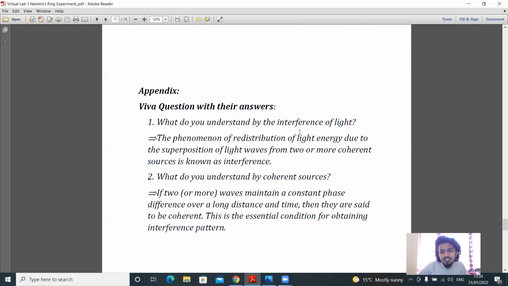What do you understand by the interference of light? The phenomenon of redistribution of light energy due to the superposition of light waves from two or more coherent sources is known as interference. The source must be coherent here. Coherent means the waves need to keep a constant phase difference over a long time and long distance.